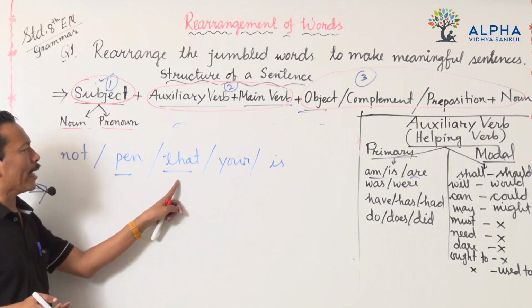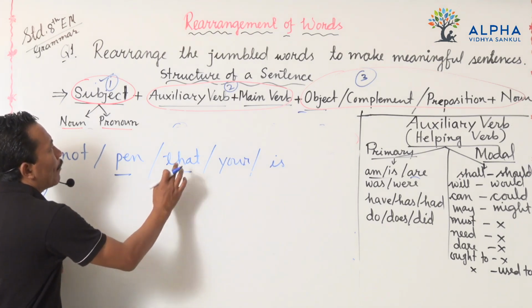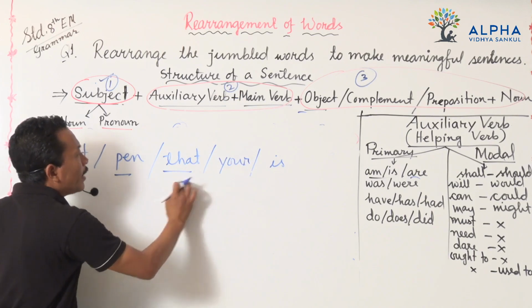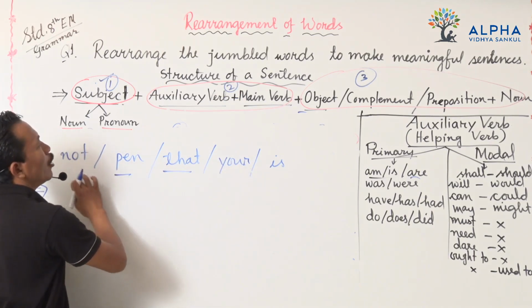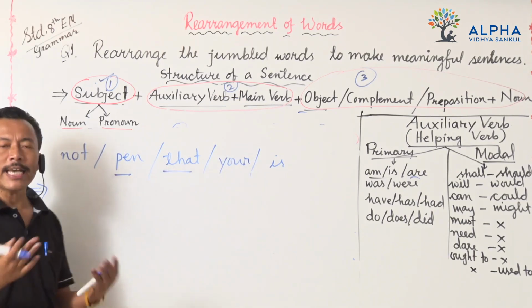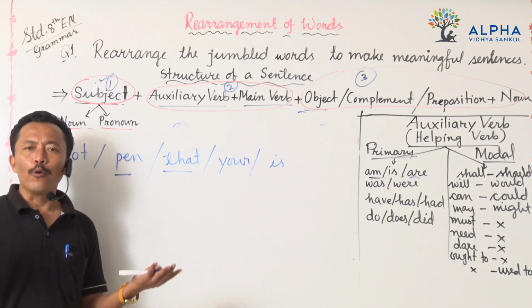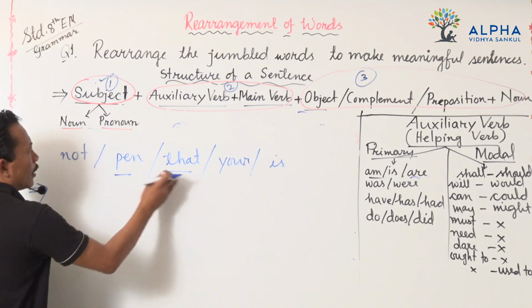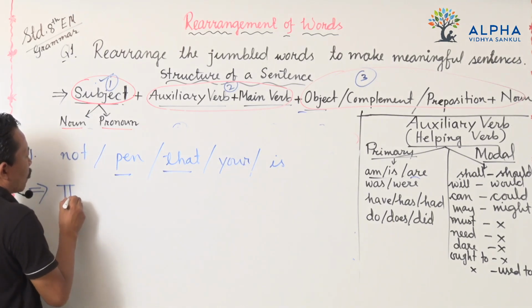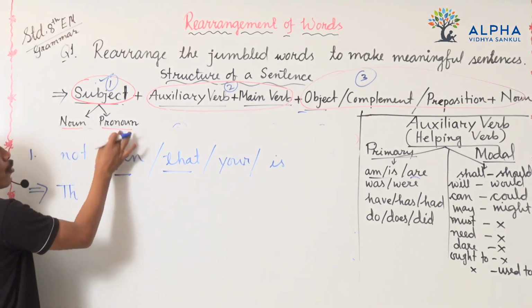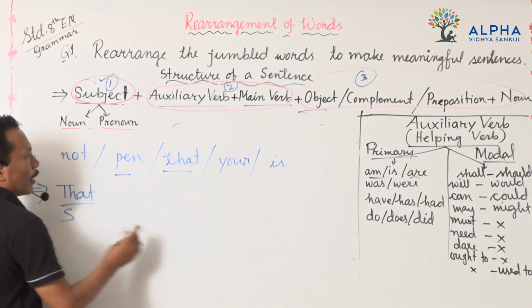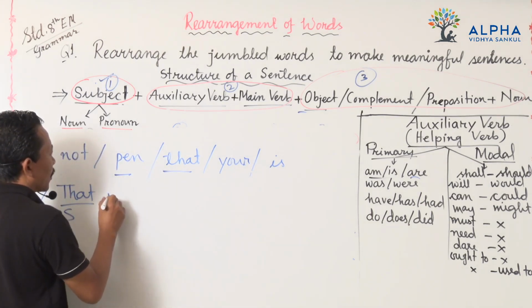The next option is that. If we say that, after subject, then what will be the verb? That is not your pen. Yes, it is the right one. We have a meaningful sentence. Here the pronoun that is the subject.